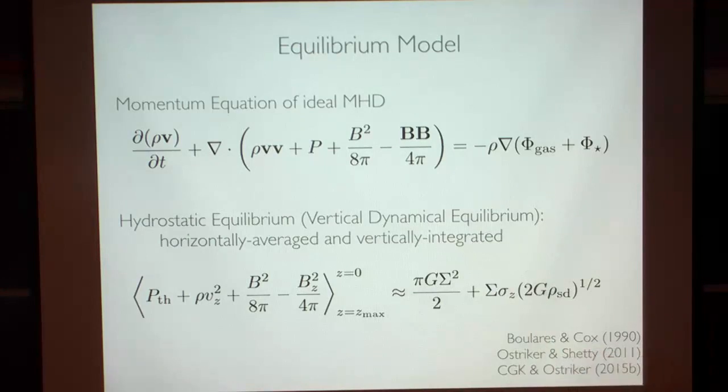So when you write down a simple momentum equation and take the horizontal average, you will always have only this vertical component. Then taking the vertical integration of this equation, on the right-hand side what you get is the weight of the gas under some certain gravity.